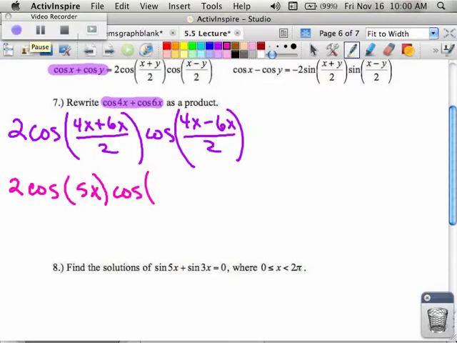So in our last one, number 8, that we're going to do together in the notes, the big difference is that it's equal to 0, which means in the end, after you use the formula, you have to solve it and actually find the angle measurements. I look at what I see, and what I see are 2 sines being added.